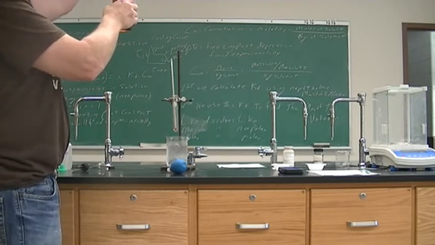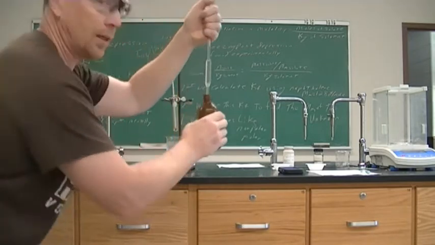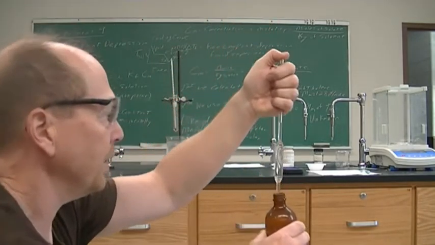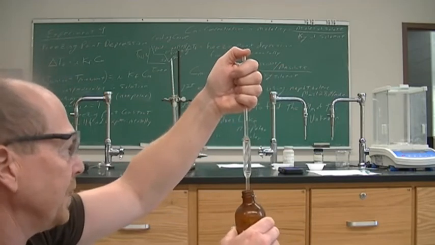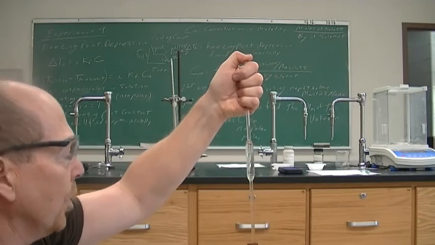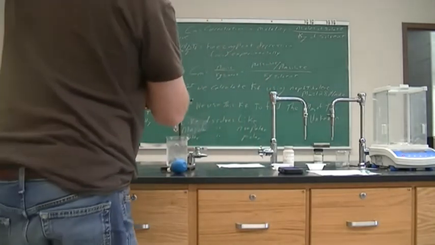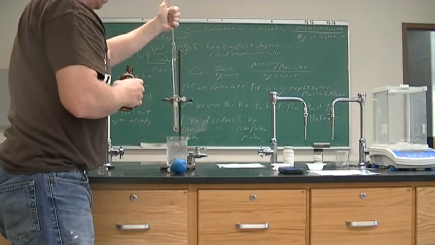There's one mark for 10 mils, and then you let it go down slowly until the meniscus is at the top of the mark. And then you bring it over and you put it into your test tube.